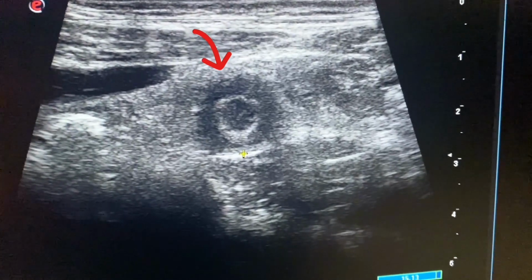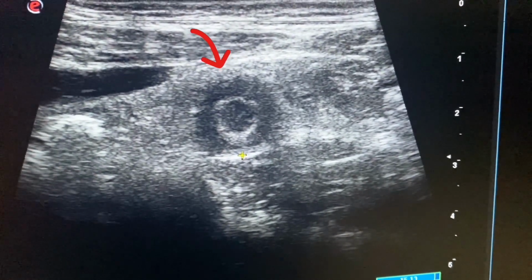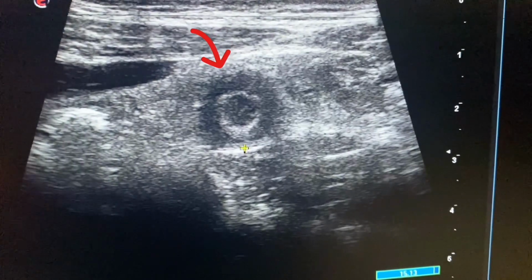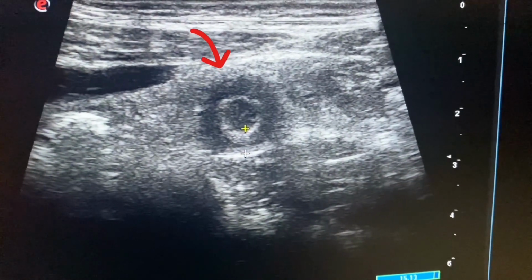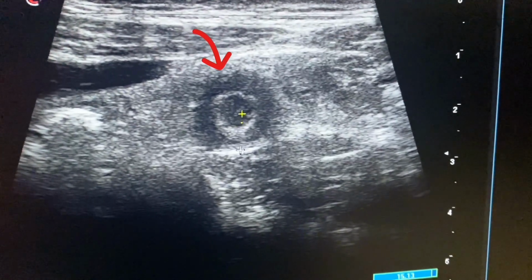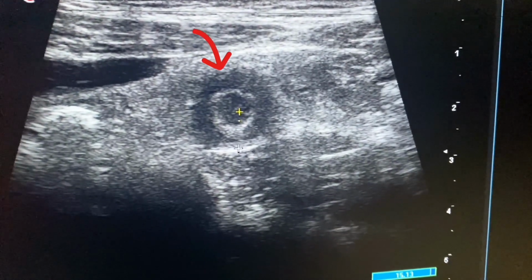This is the cross-section view of the appendix. Now we will measure the anteroposterior diameter of the appendix.